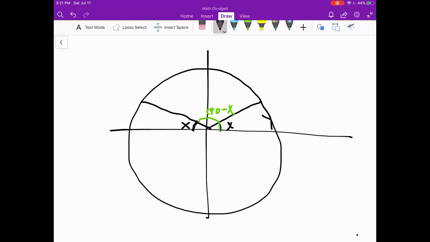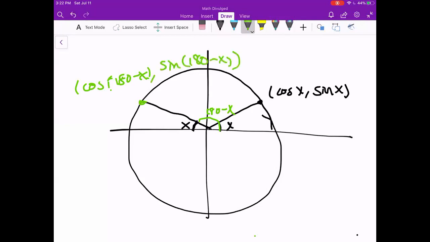So this value right here is cosine of x, comma sine of x. And this value right here is cosine of 180 minus x, comma sine of 180 minus x.